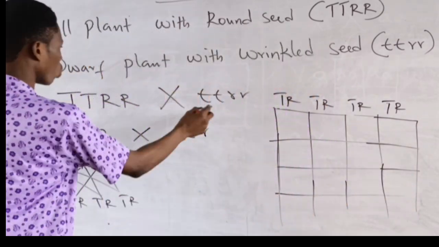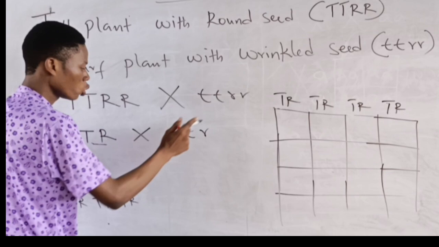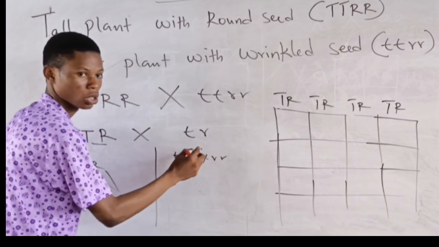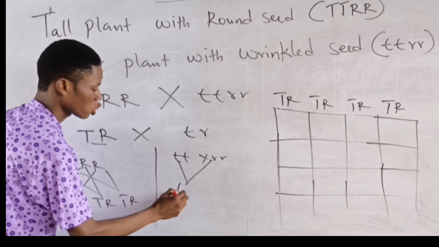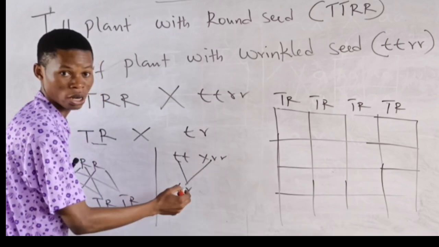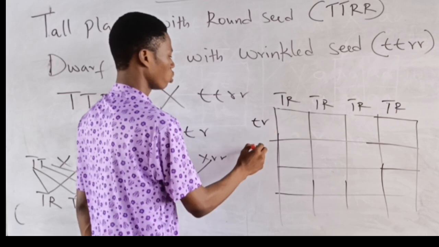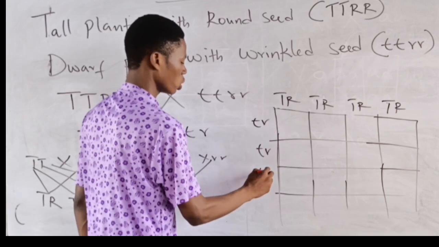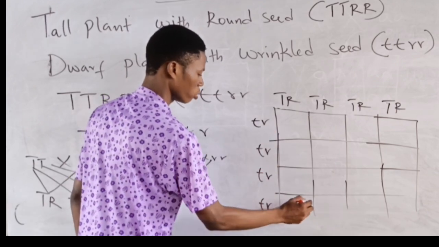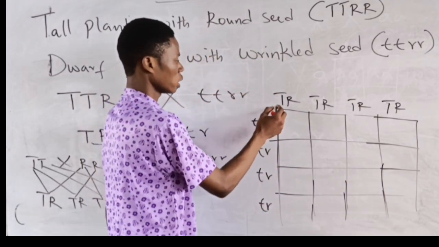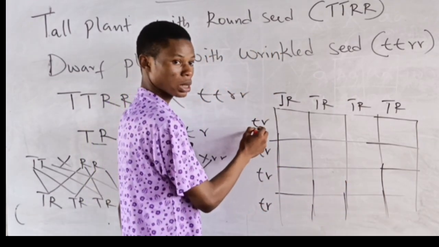Now, if you cross this one, you also notice that what you have is tt rr. You all have small t, small r, right? All of them. So we fill small t, small r, small t, small r, small t, small r, small t, small r. Now, after doing that, we can now do our normal way of getting it. Capital T, small t, capital R, small r.